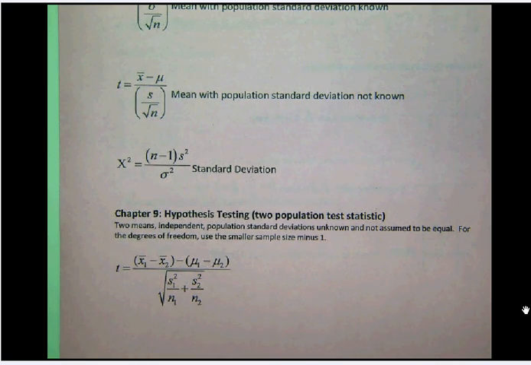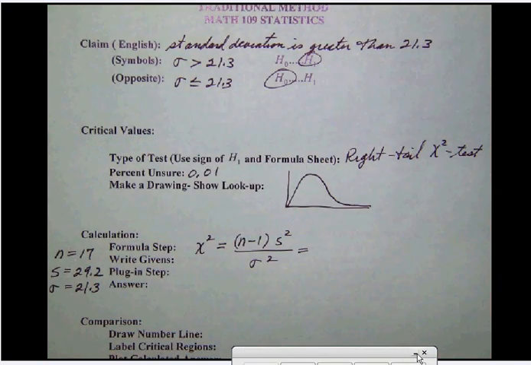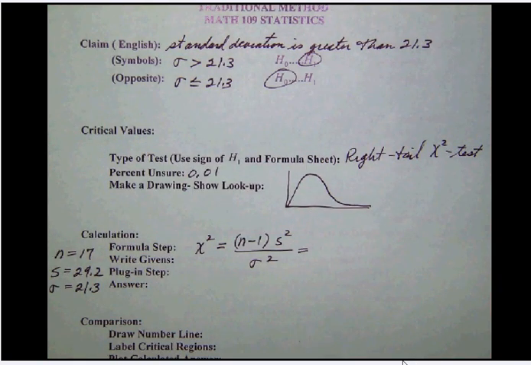Let's go ahead and get some of this set up. You've done a lot of this before. I'll go ahead and get the claim section written up and we'll check it. Okay, I got some of this done for you now, and hopefully you've done the same. First of all, in the claim section, we're claiming that the standard deviation is greater than 21.3, so in symbols, we use the symbol sigma here.